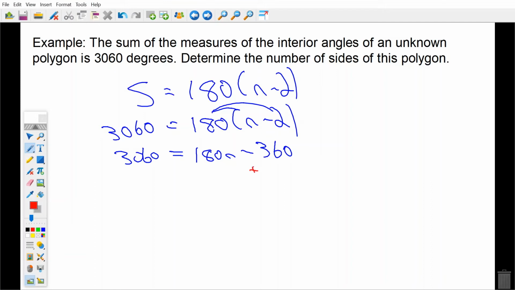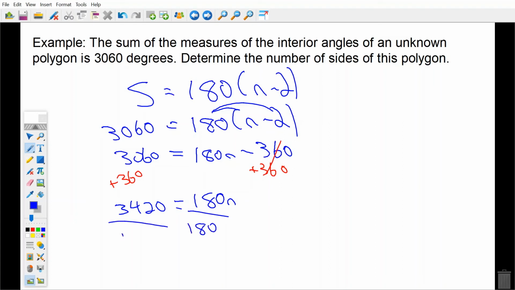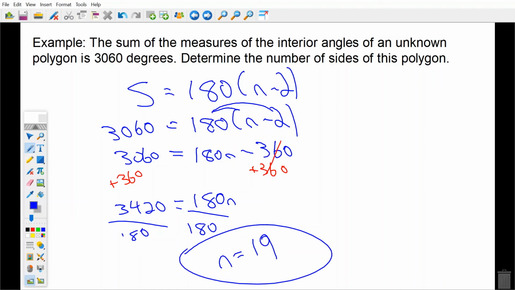And we're going to add 360 to both sides. 3060 plus 360 is 3420 equals 180n. Divide both sides by 180. And n equals 19. So if the sum of the angles was 3060 degrees, that means there are 19 sides on that shape.